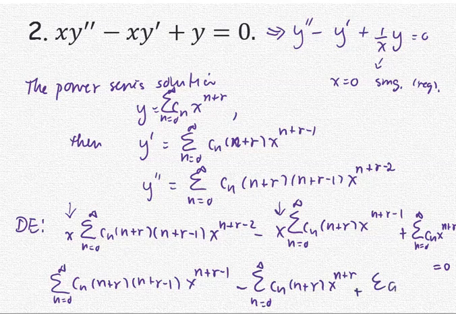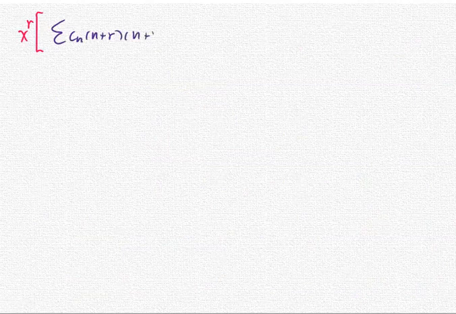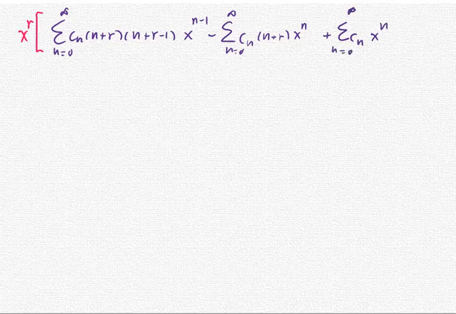And the last one, Cn, x to the n plus r, n from 0 to infinity equals 0. So x to the power r multiplied by the summation Cn, n plus r times n plus r minus 1, x to the power n minus 1, n from 0 to infinity, minus summation Cn, n plus r, x to the power n, n from 0 to infinity, plus summation Cn, x to the power n, n from 0 to infinity equals 0.